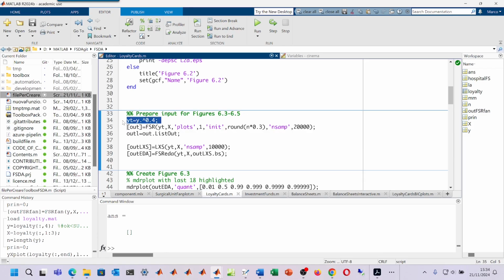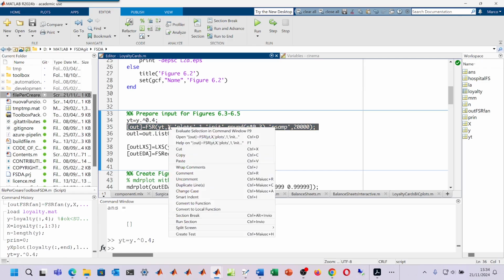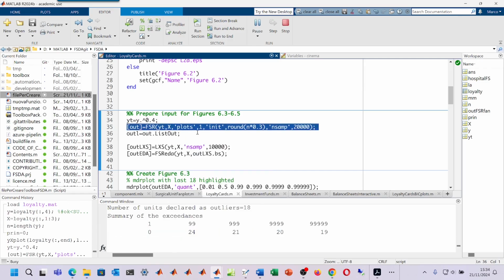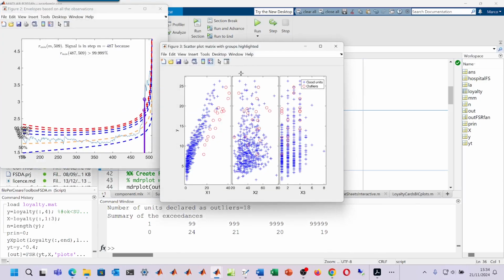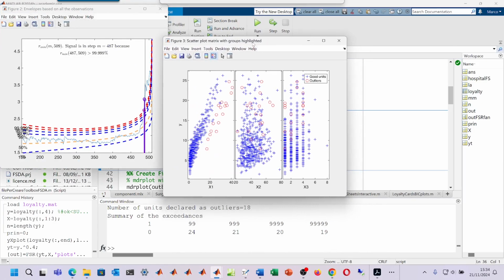Now we transform the data using 0.4 and we apply on the transformed data our outlier detection procedure. In this y-axis plot, you can see the units which are declared as outliers.